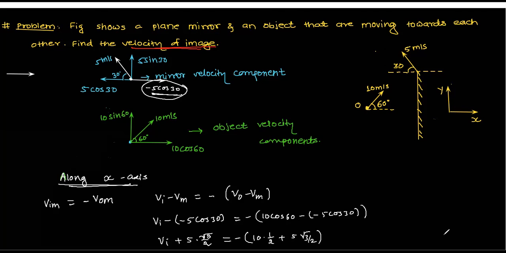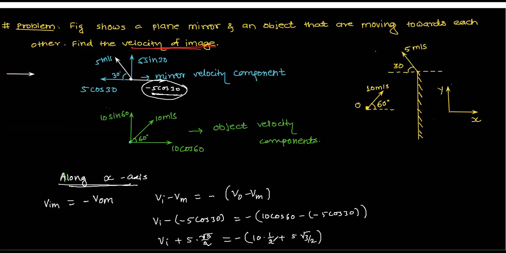Okay, let's move ahead. Next, now what we got: Vi plus this 5 root 3 by 2 is equal to, you see here, this 2 and this 10 I am cancelling. This is 5.